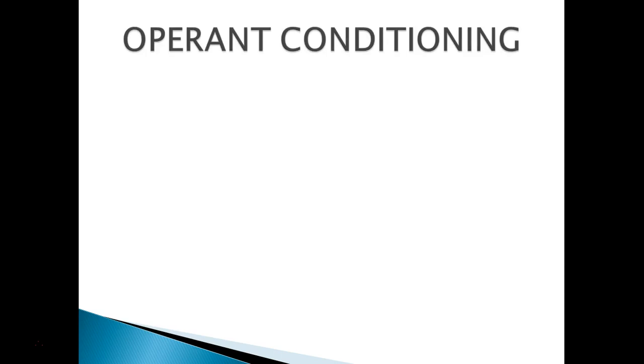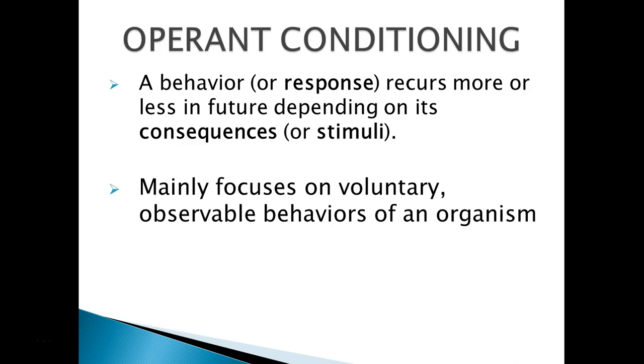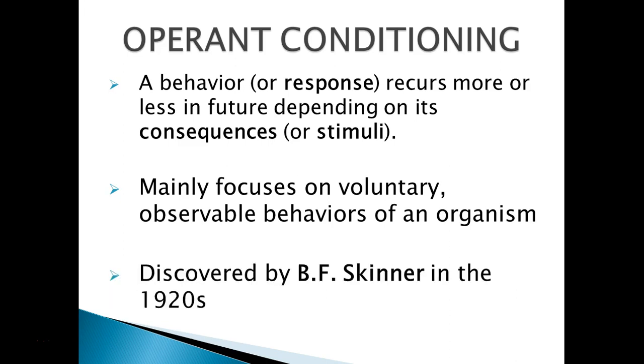Now let's move on to operant conditioning. In operant conditioning, a behavior or response recurs more or less in future depending on its consequences or stimuli. Operant conditioning mainly focuses on voluntary, observable behaviors of an organism. It was discovered by a scientist named B.F. Skinner in the 1920s.